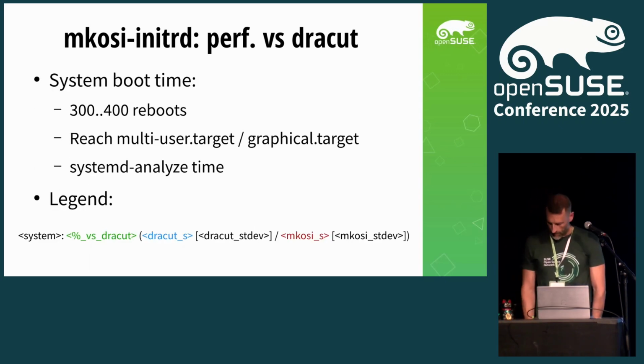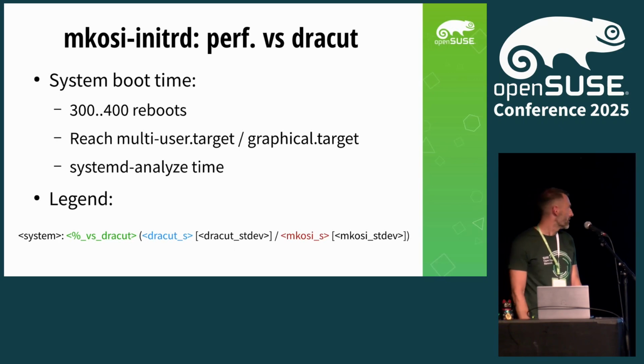The boot time. For this, I rebooted the system between 300 and 400 times, reaching multi-user target or graphical target on my laptop, and just taking the values from systemd-analyze time, specifically the value of the initrd and the value of user space, because I wanted to check if there is some kind of improvement starting some services early in the initrd.